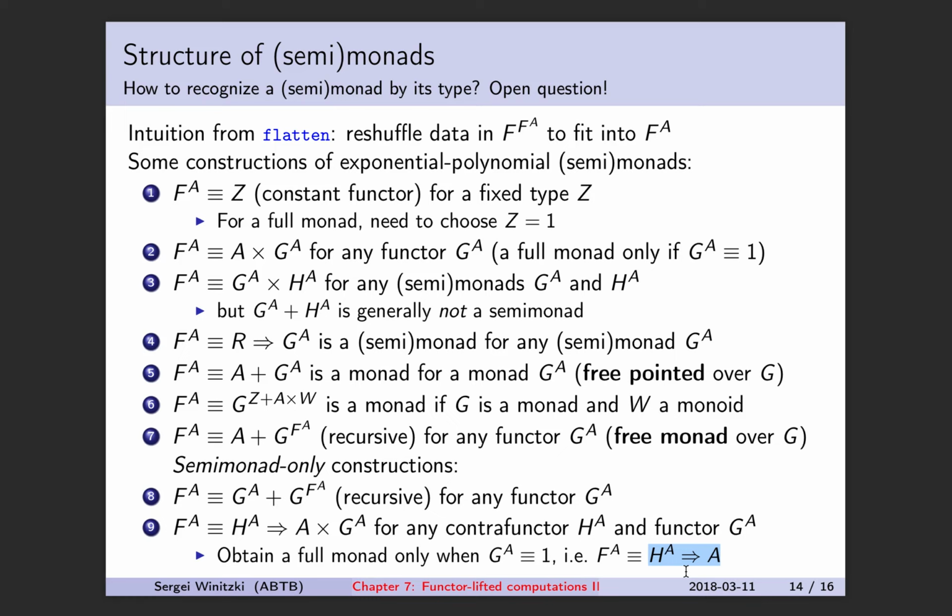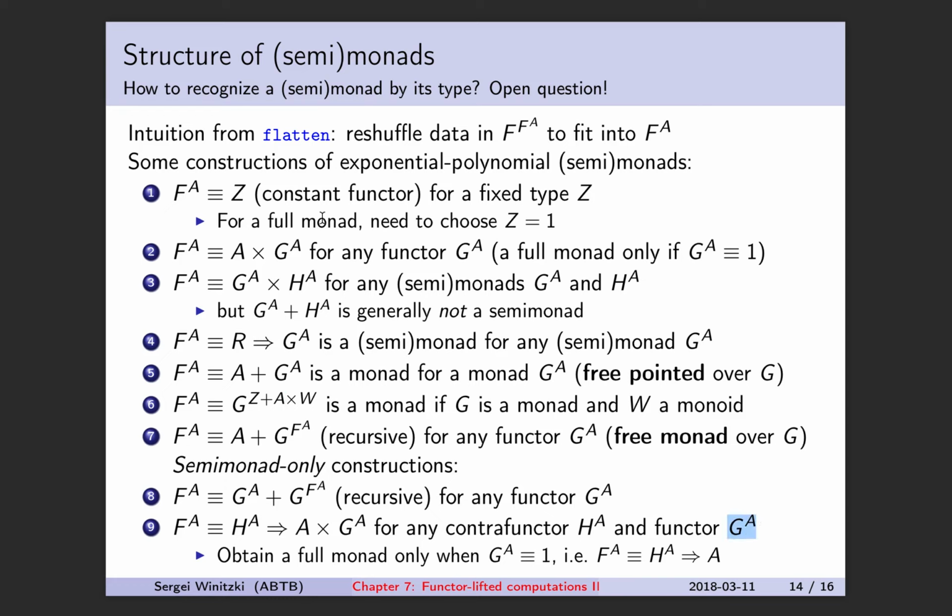So that's a general kind of contrafunctor of polynomial exponential class, of course. I don't know of any other way of reasoning about types except by talking about exponential polynomial types, that is, type expressions that have function type, disjunction, and conjunction, or product. So within this class of types, all contrafunctors can be seen as functions from some GA, let's say, to a constant type Z, say.